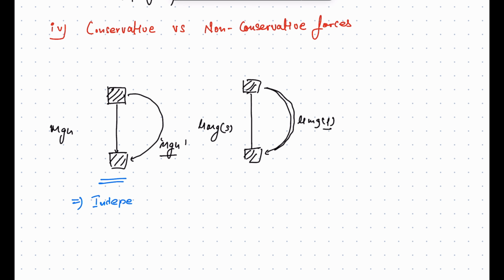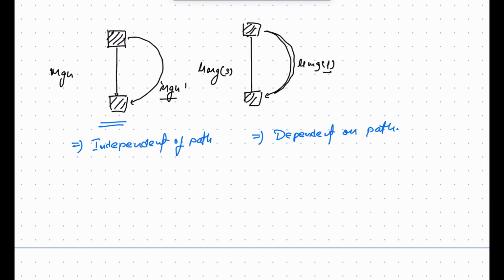Independent of path. But here, it is dependent on path. Then the work done here, if we take a closed path, in case of this kind of forces, and if I take it back, the work done right now is positive mgh.